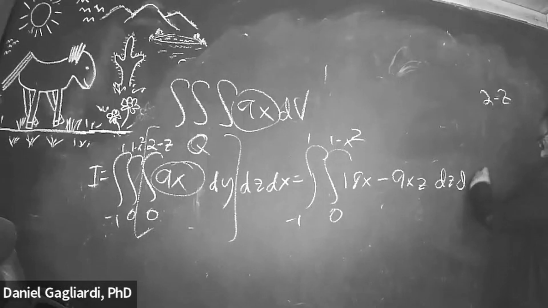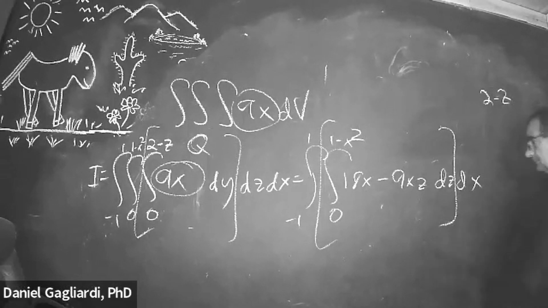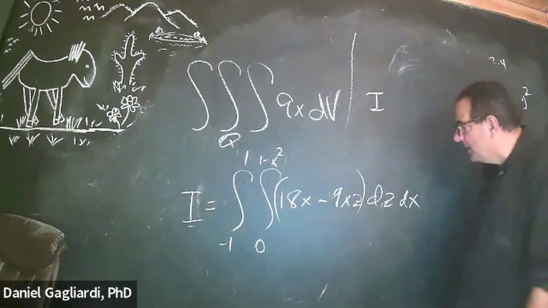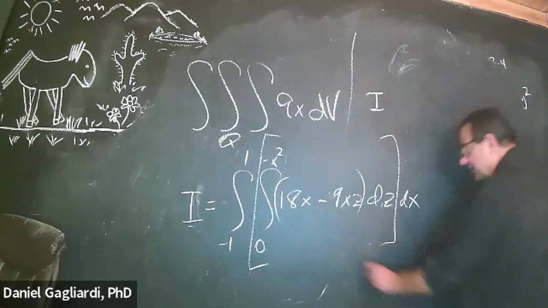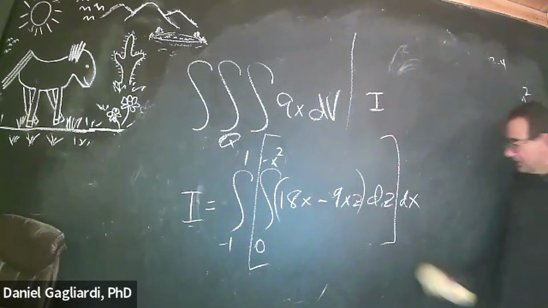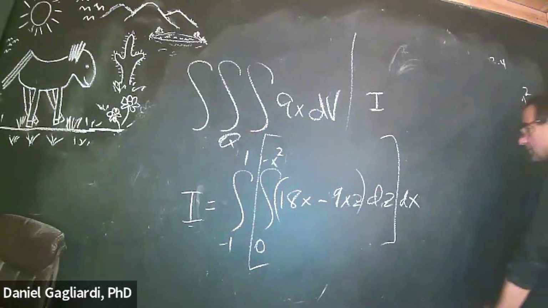Then we're going to extract this one on scrap paper. The next iterated integral is 18x minus 9xz, and that's the z integral. Let's do that one on scrap paper.